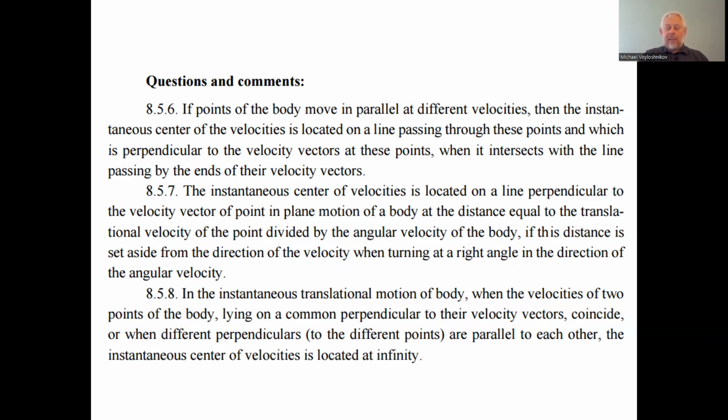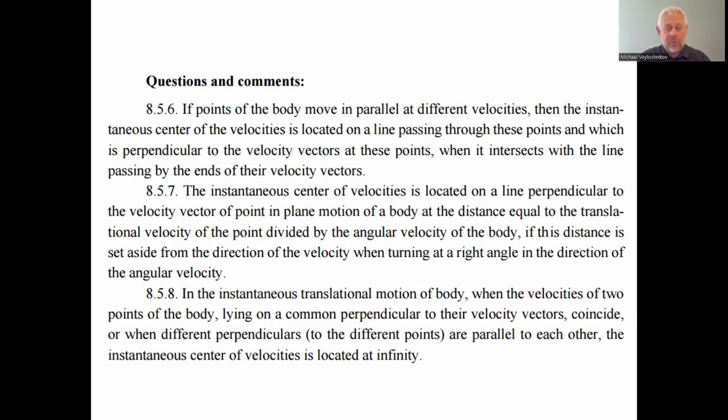Yes, if the points are on the same line and move in one direction or in opposite directions with different velocities, we can consider not only the line of location of the points, but also the straight line connecting the ends of the velocities of these points.